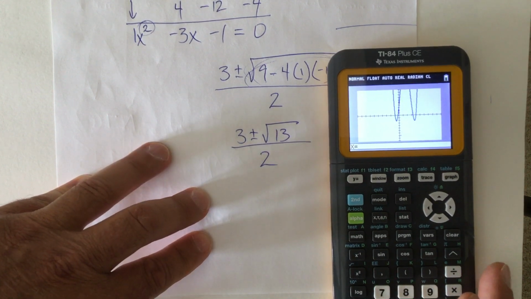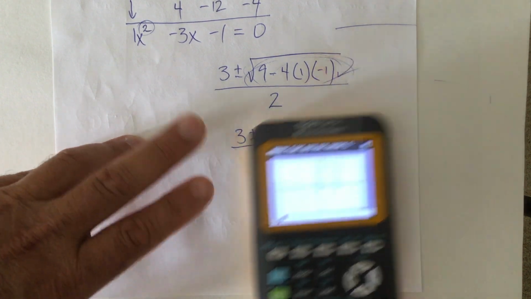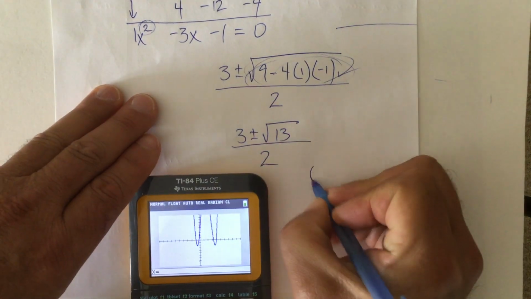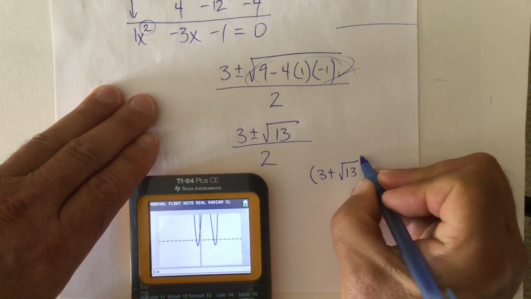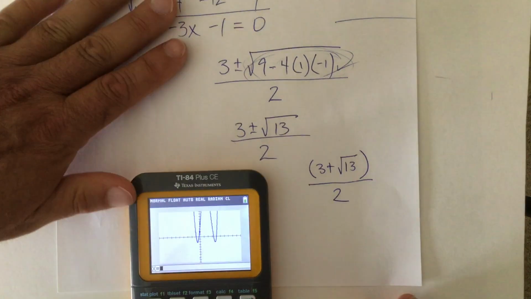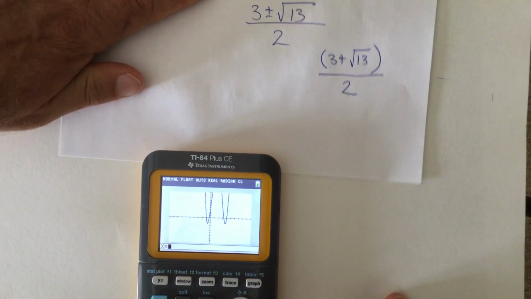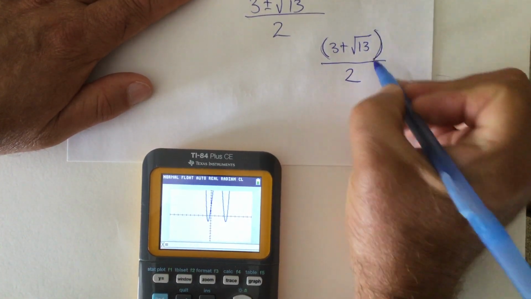They do not understand how to divide more than one number by one number at a time. So you have to tell your calculator, I am going to check this answer first. Notice I had to put this in parentheses.